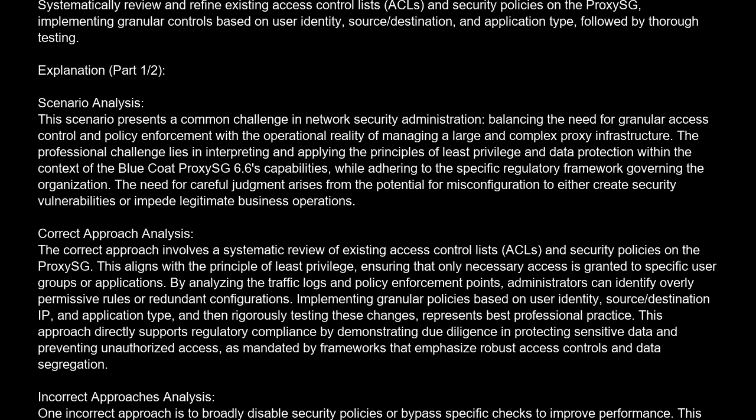By analyzing the traffic logs and policy enforcement points, administrators can identify overly permissive rules or redundant configurations, implementing granular policies based on user identity, source/destination IP, and application type, and then rigorously testing these changes. This represents best professional practice. This approach directly supports regulatory compliance by demonstrating due diligence in protecting sensitive data and preventing unauthorized access, as mandated by frameworks that emphasize robust access controls and data segregation.